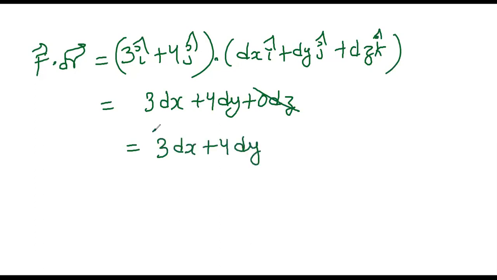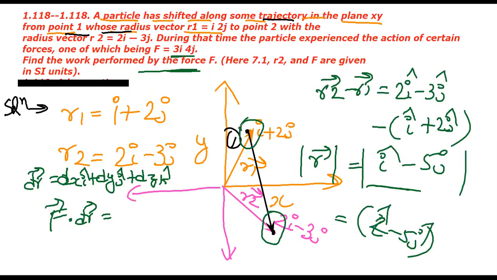Now what we need to do is integrate, and this will come out to be the work done. So what are the limits? We can see the limits from the question. The initial point has x coordinate 1 and y coordinate 2. For the second point, x coordinate is 2 and y coordinate is minus 3.